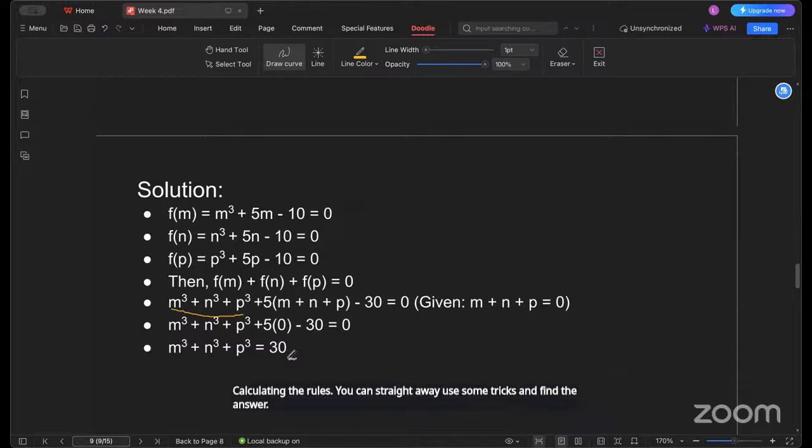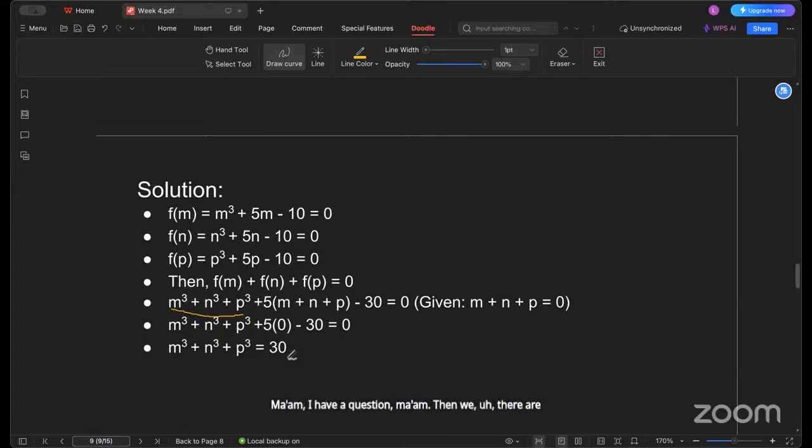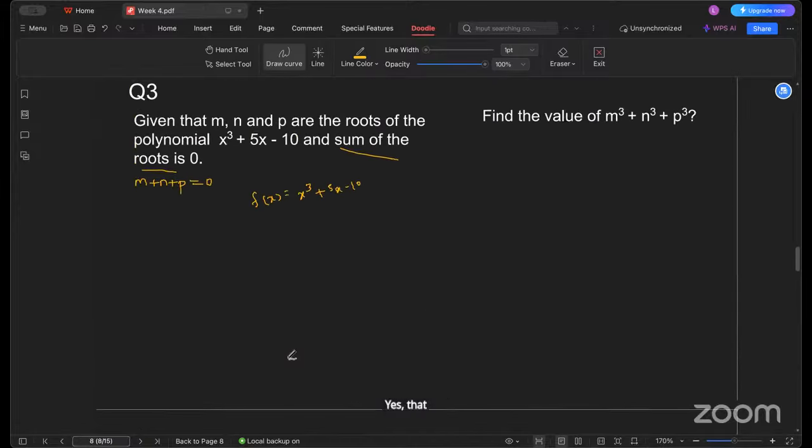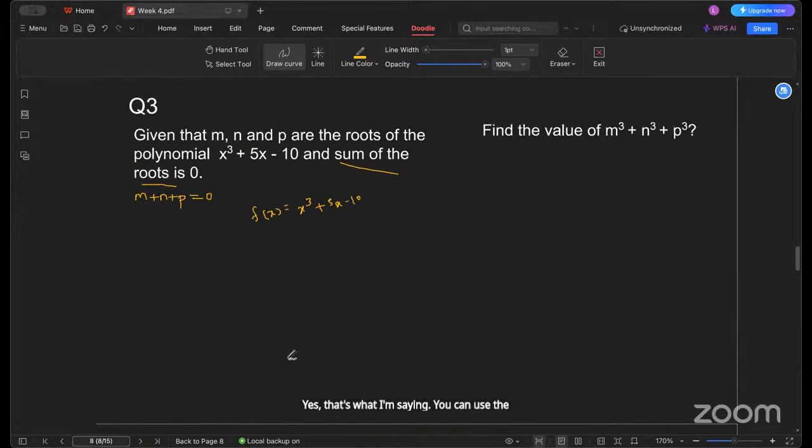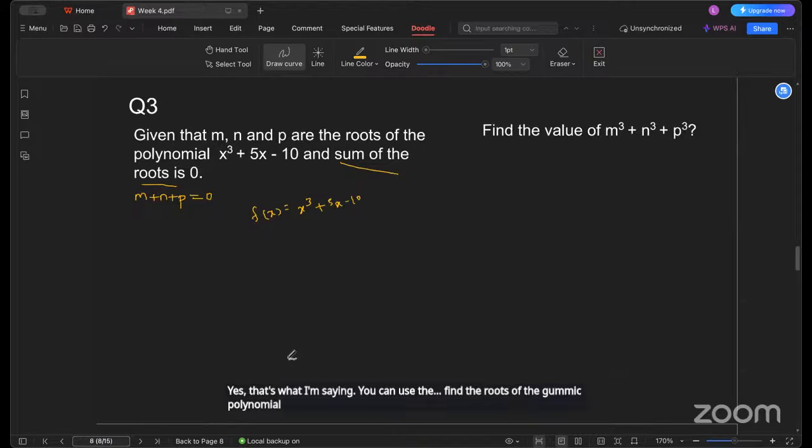Ma'am, I have a question, ma'am. Yes. Ma'am, there is a formula, no, ma'am, for alpha cube plus beta cube plus gamma cube equal to d by a for a cubic polynomial. Yes, that's what I'm saying. You can find the roots of the cubic polynomial and find the answer. That is also there.